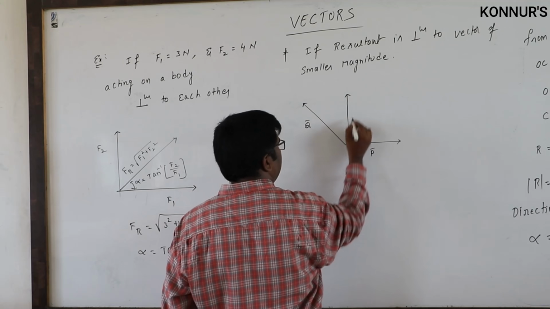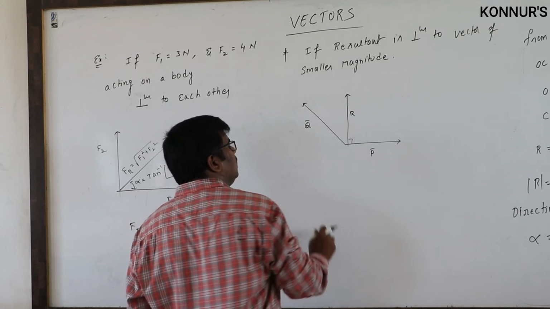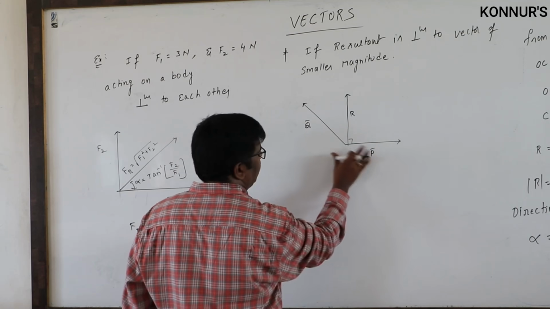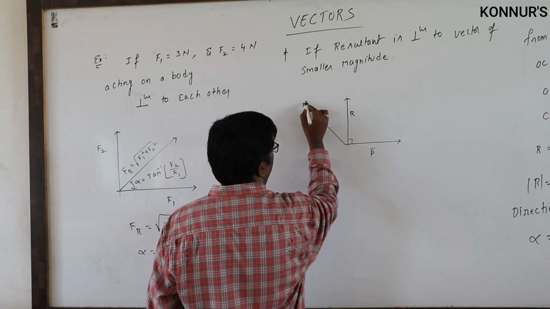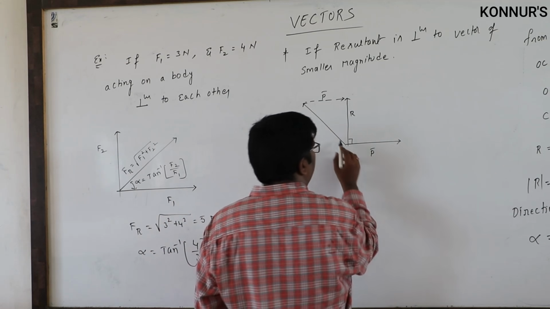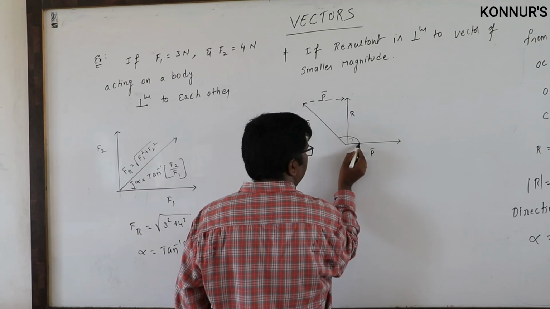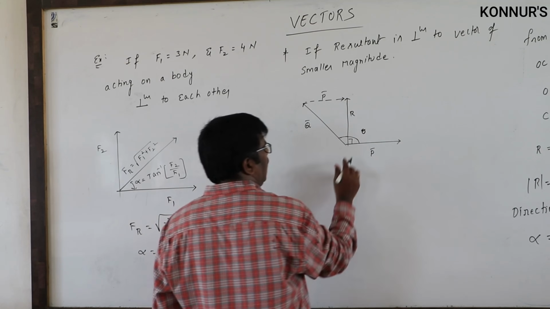If this resultant is r, which is perpendicular to this smaller magnitude vector, now you can construct the parallelogram by extending like this. This is p bar. Now this is the angle between the two vectors, theta, and alpha.